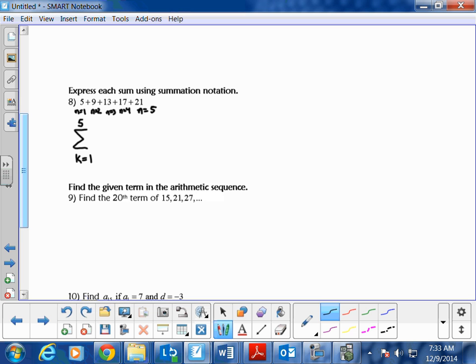So what I'm going to do is use the 3 steps. Step 1, a sub 1 is equal to 5. Step 2, find a constant difference d. In this case, this is plus 4, plus 4, plus 4, plus 4, so it's 4. Step 3, our equation generation, a sub n is equal to a sub 1 plus n minus 1 times d, and then apply the substitution.